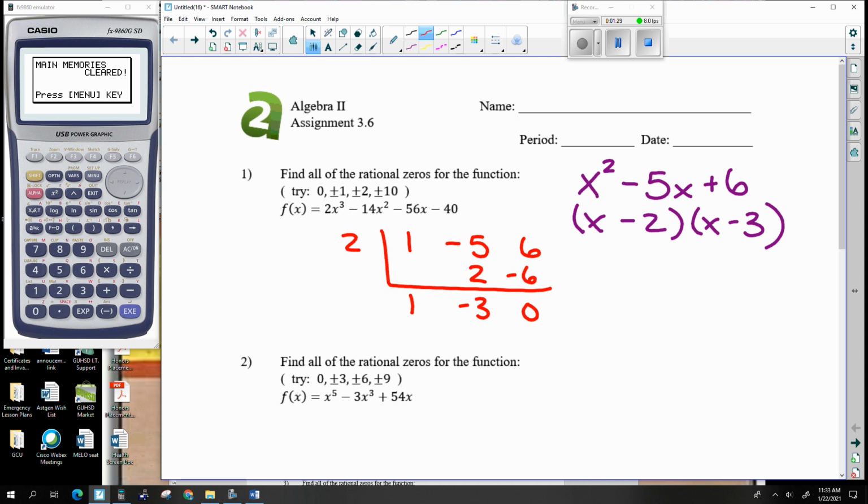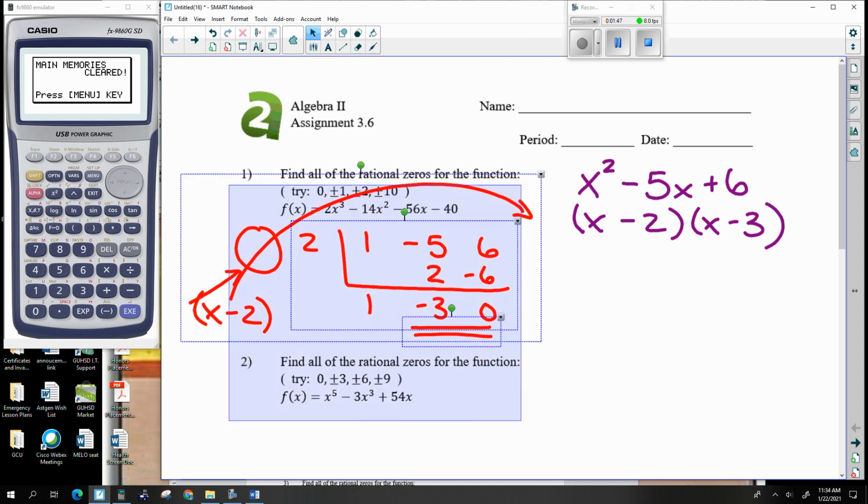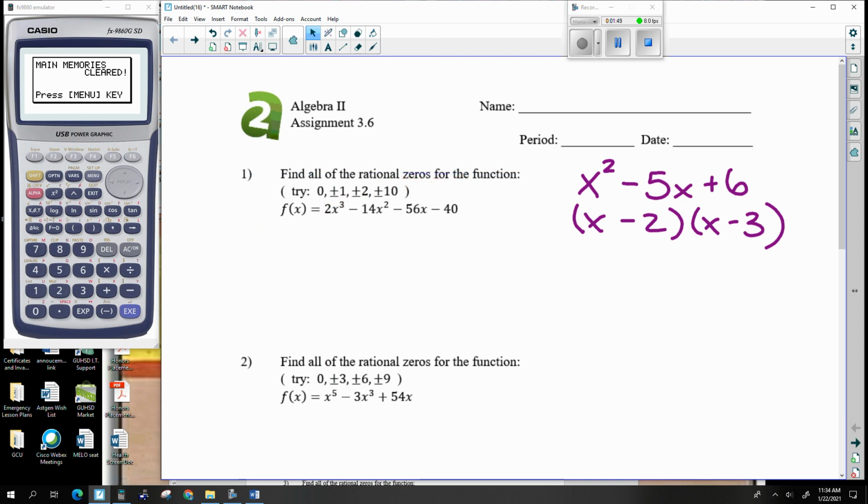So this 2, which originally stems from x minus 2, is a quote-unquote factor, and the rest is left over. We'll talk about that more today. So we can factor with synthetic division, or if you just straight up know how to factor, that's cool.